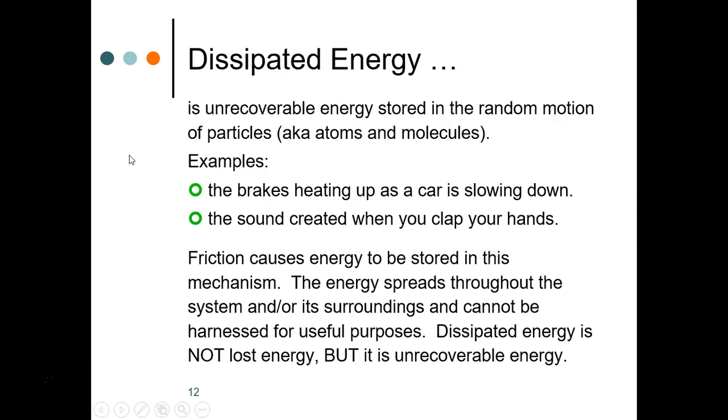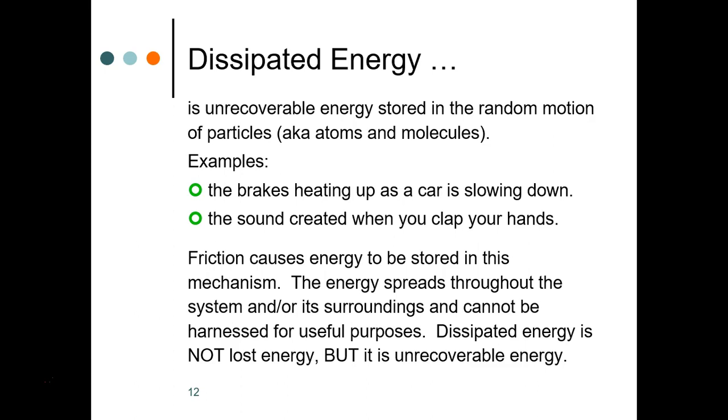Let's learn about our last storage mechanism, dissipated energy. And this is the unrecoverable energy stored in the random motion of the particles. Now, I want to contrast that with thermal energy. That's energy stored in the random motion of particles, but it can be recovered for useful purposes.